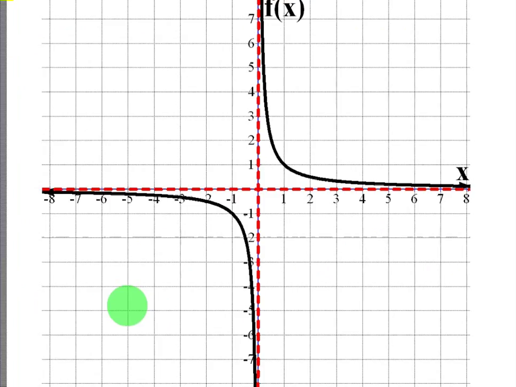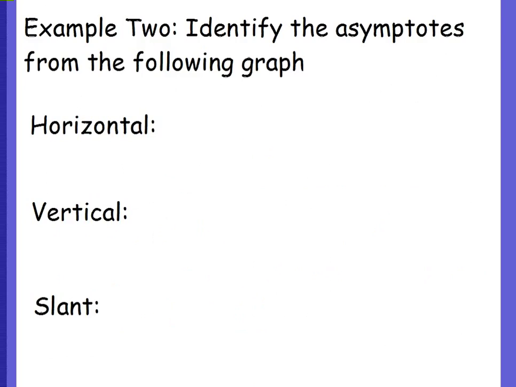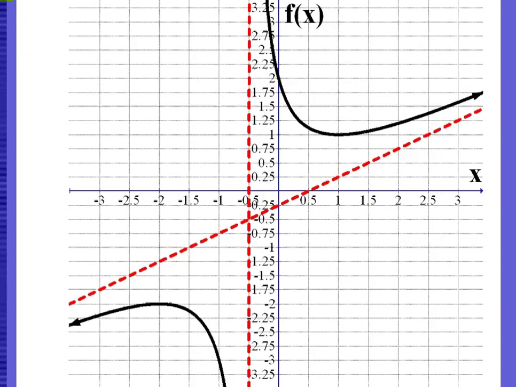Pretty simple. Let's do another example. We're going to find the horizontal, vertical, and slant. Now, of course, we're just looking at graphs today. You can do this if you're given the equation, which is much more involved. Today, we're just looking at the graphs. So, for this example, we will go ahead and look at the horizontal asymptotes. What do you think the answer is going to be there?